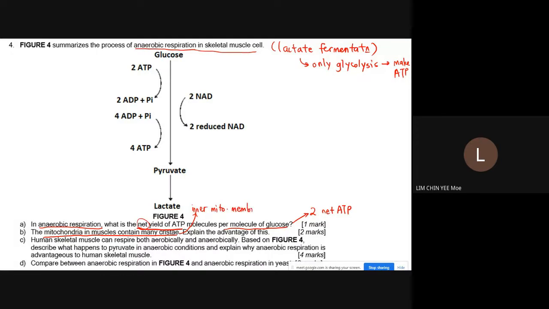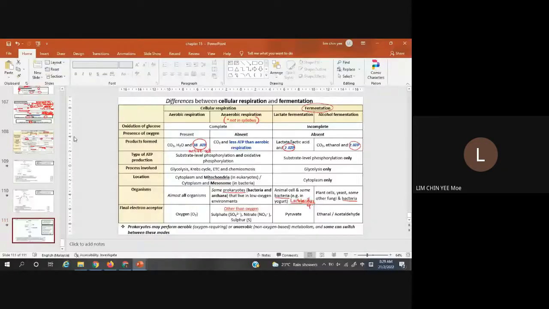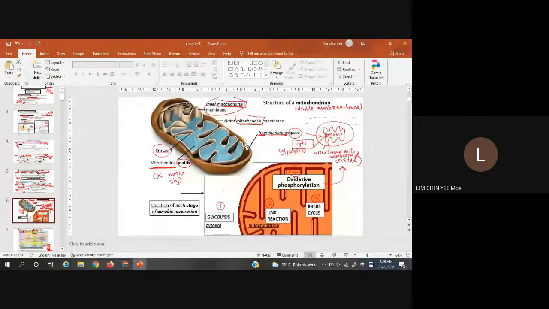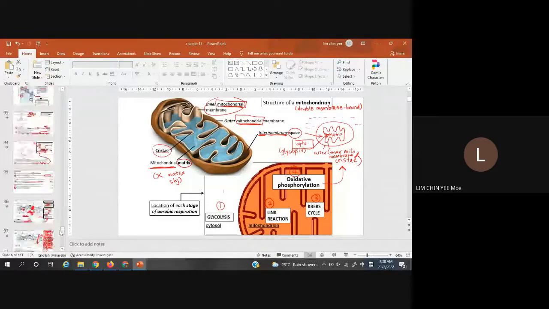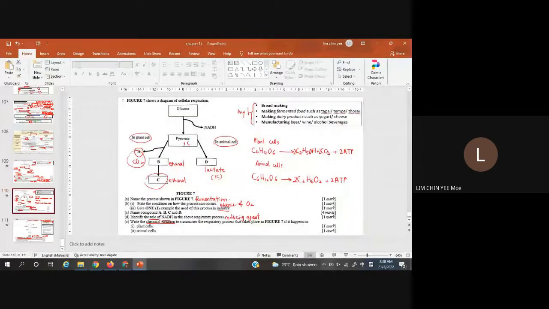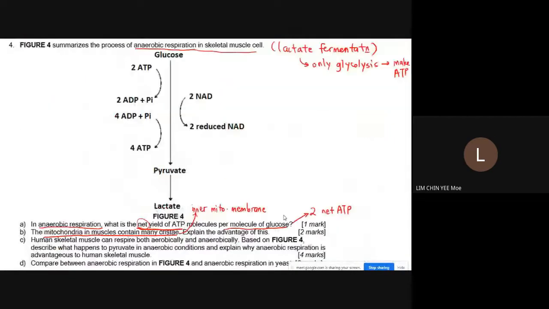Right, if you still remember the appearance of the mitochondria, the structure of mitochondria, you can see that inside it has many foldings. What can you tell about all this folding? What is it for? Surface area. Very good. Every time they have all this folding, it is to increase the surface area. Good job. So over here, why does the mitochondria in muscles have a lot of this folding? It is to increase the surface area.